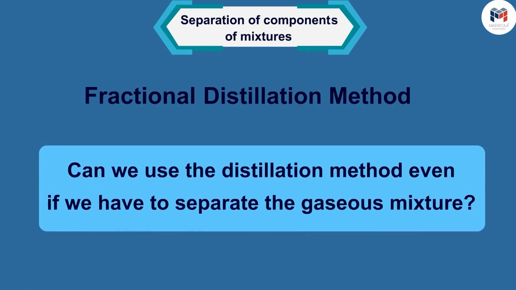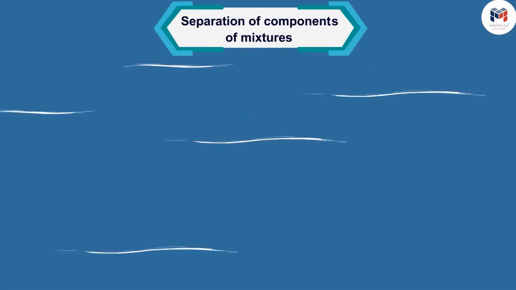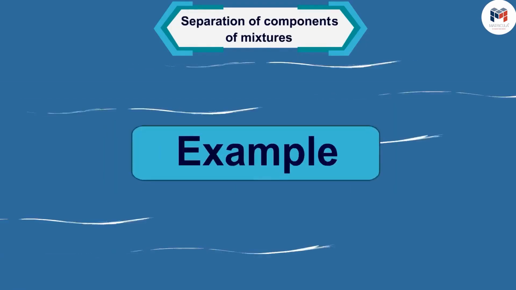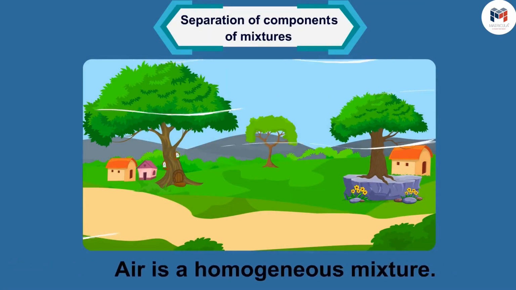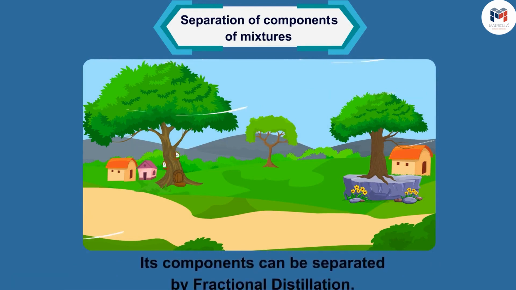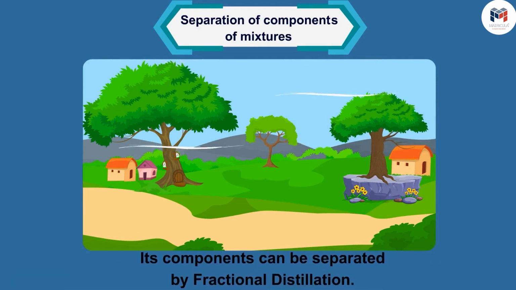But can we use the distillation method even if we have to separate a gaseous mixture? Let us know about this by the example of air. Air is a homogeneous mixture and its components can be separated by fractional distillation.